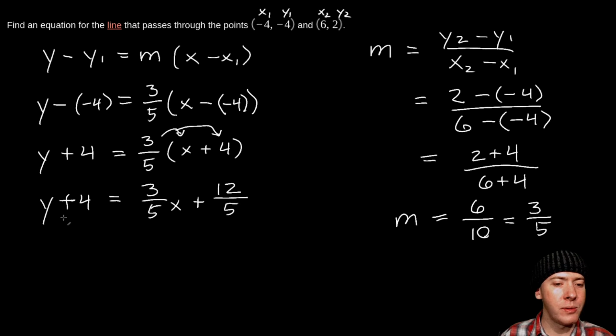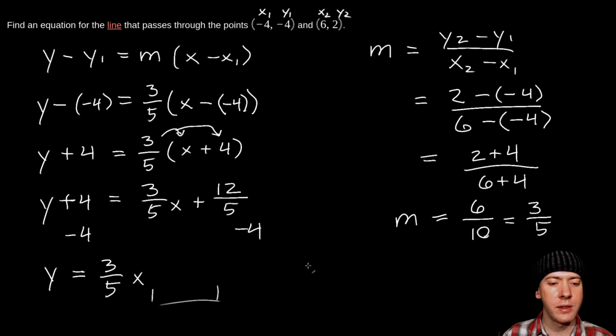Okay, now the last step is going to be to get the y by itself, so we need to subtract 4 from both sides. So on the left, we'll have just y. On the right, we're going to have 3/5 x. And then we're going to have what is 12/5 minus 4. That needs to go like right here on the end. So let's work that out over here to the side.